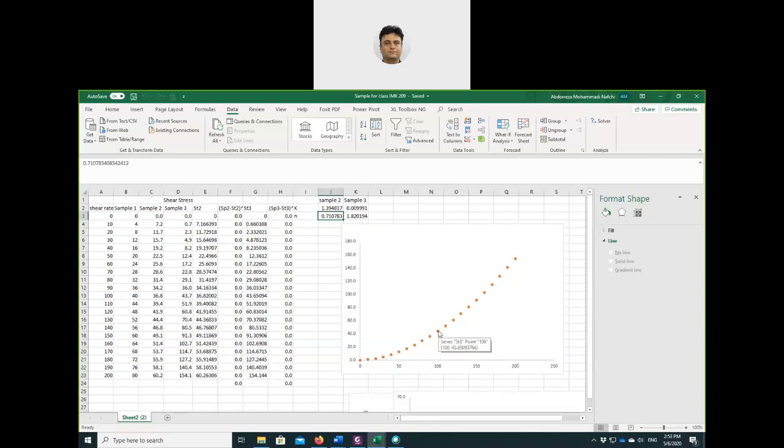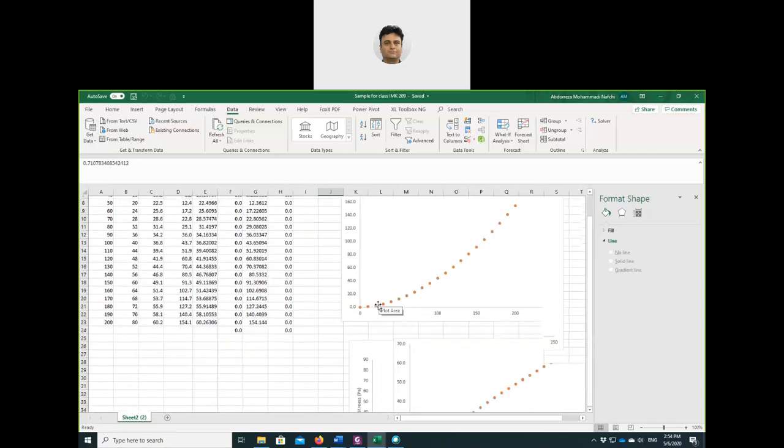Apparent viscosity means that it's at a specific shear rate. If we connect this point to 0 and 0, the slope of this line will be our apparent viscosity. So if we want to compare the viscosity, it depends on which shear rate. We cannot exactly say which of them.